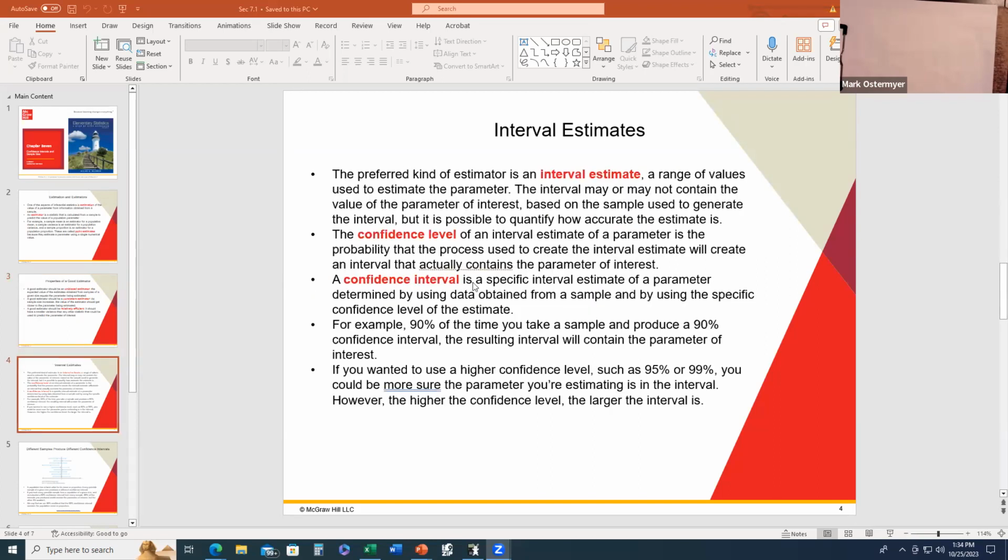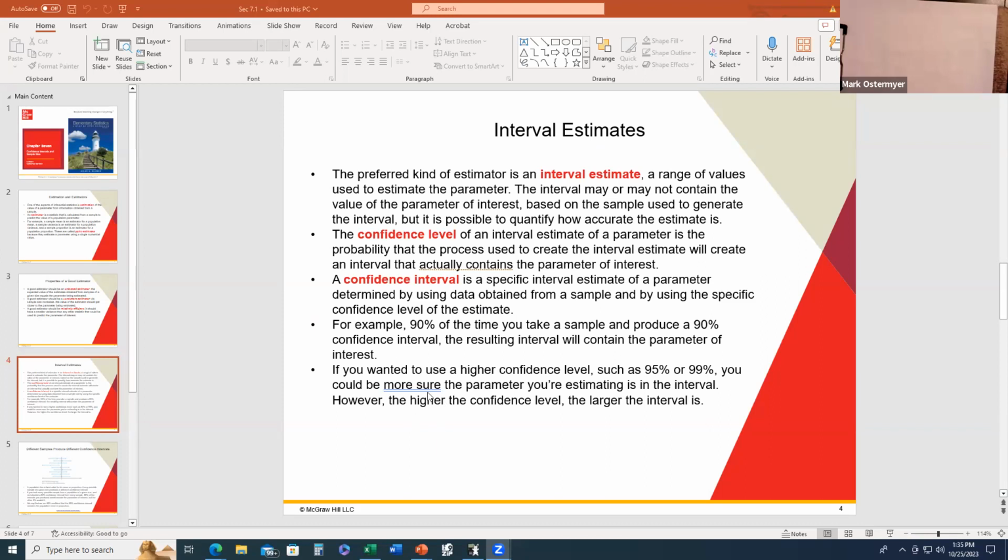All right. Now, a way of trying to guesstimate an unknown population parameter by using a sample statistic result is to construct what is called an interval estimate, or sometimes we call it a confidence interval. A confidence interval is a specific interval estimate of a population parameter determined by using data from a sample and by using specific confidence levels of the estimate.